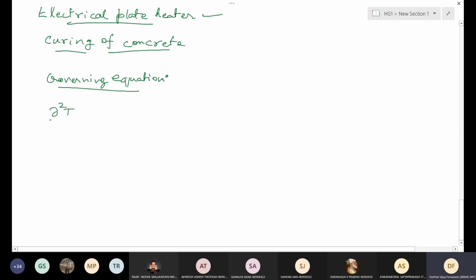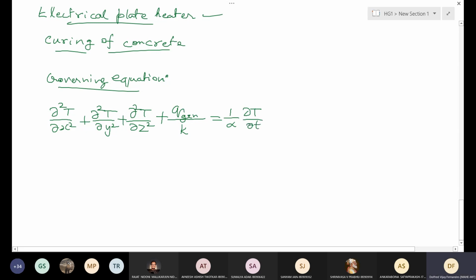Tell me. We have ∂²T/∂x² plus ∂²T/∂y² plus ∂²T/∂z². And then what is the term here? q generation by k equal to 1 by alpha, ∂T/∂t.